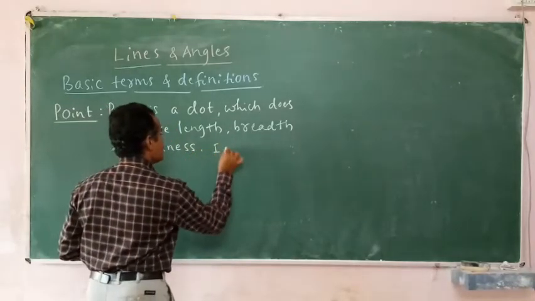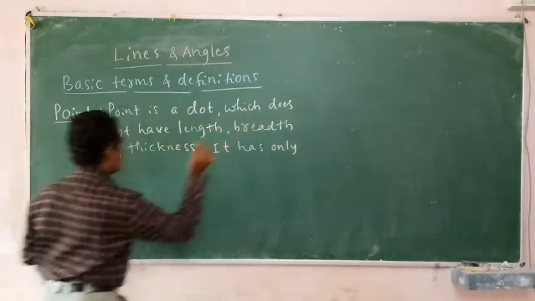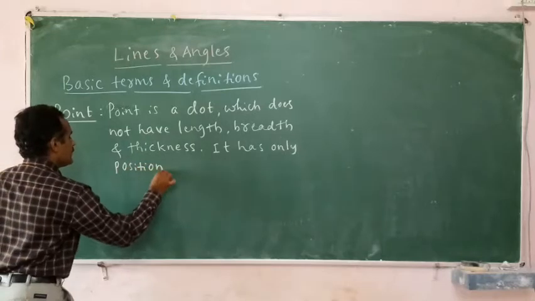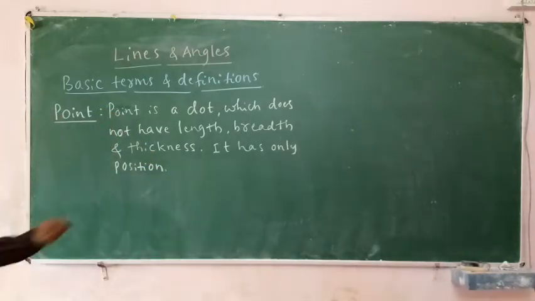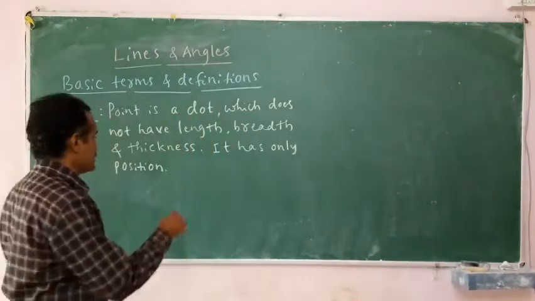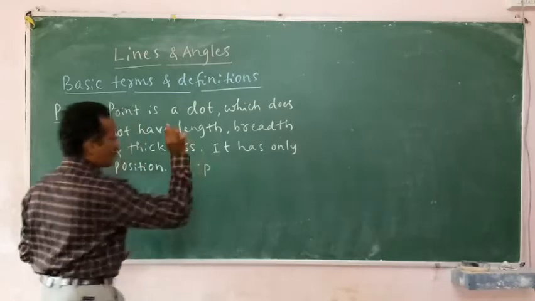It has only position. If you want further, you can add it is represented by one alphabet. I can say this is a point. Let me call it as a point B.